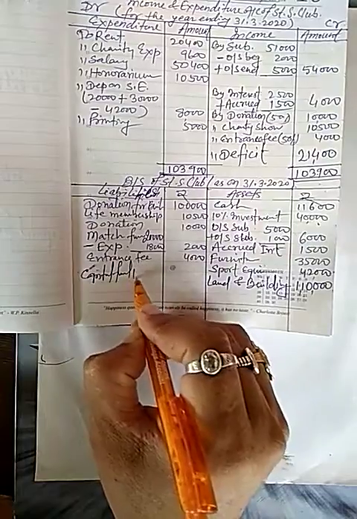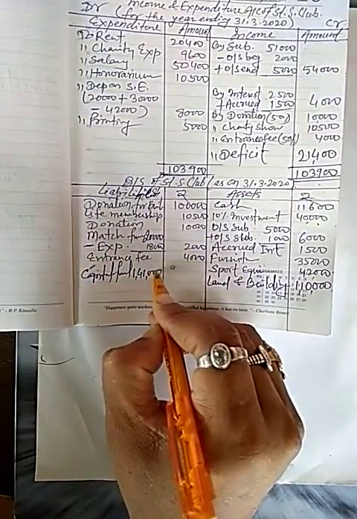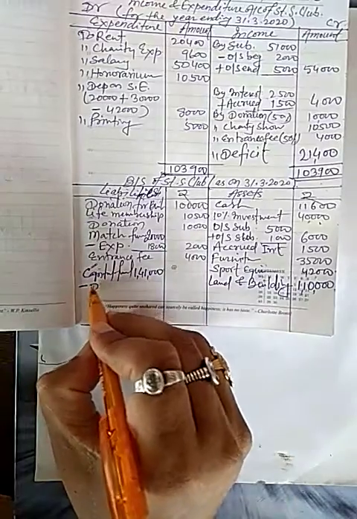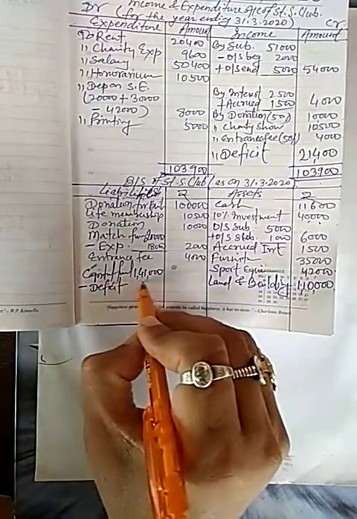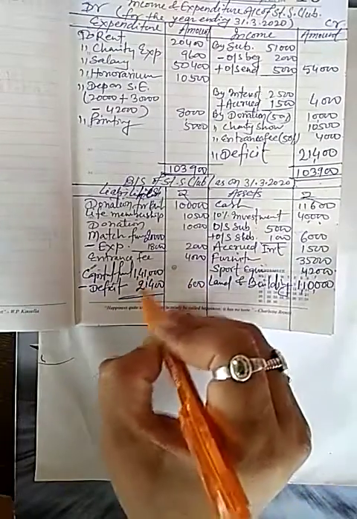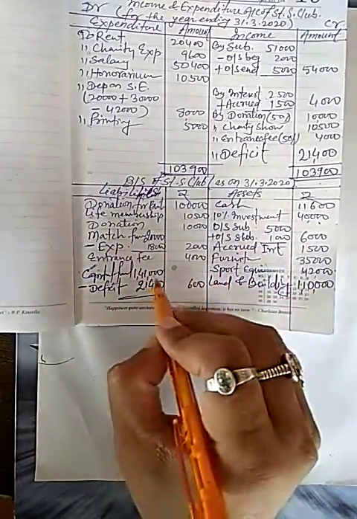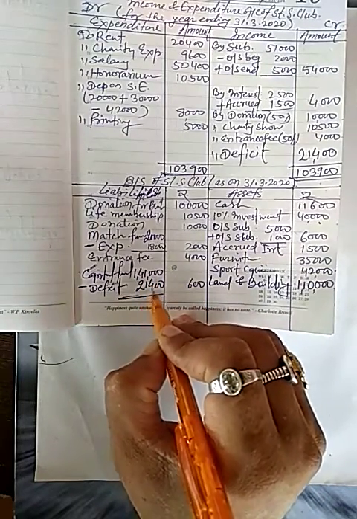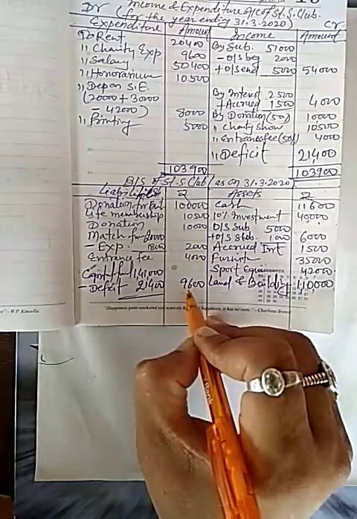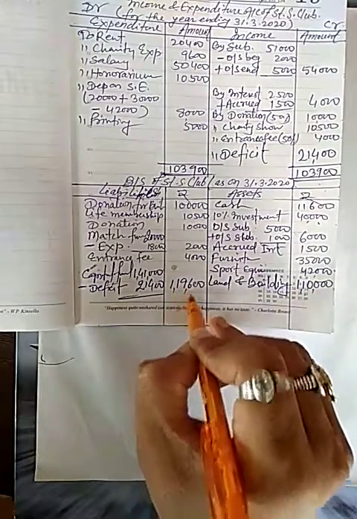So 1,41,000 is our capital fund, and when I deduct the deficit 21,400, it will be 1,19,600.